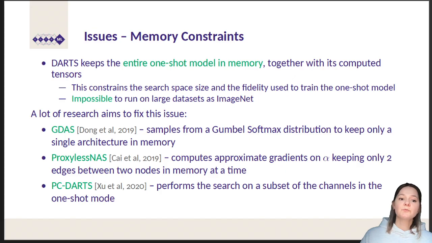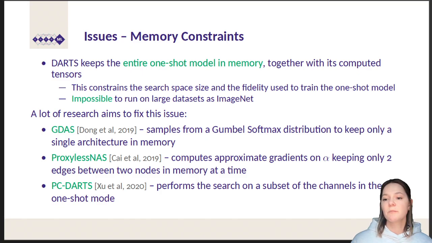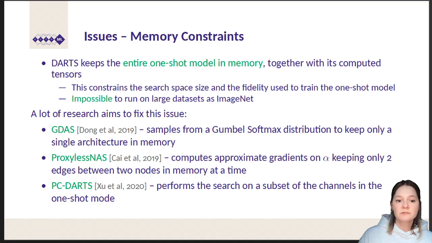This reduces the overall memory to the level of training one compact model, or slightly more if we keep 2 edges. The last paper I want to mention is PC-DARTS, which proposes a relatively simple approach. At each training step and for each edge in the directed acyclic graph, just a subset of the channels is sampled and sent through the possible operations, while the remaining channels are directly passed to the output.